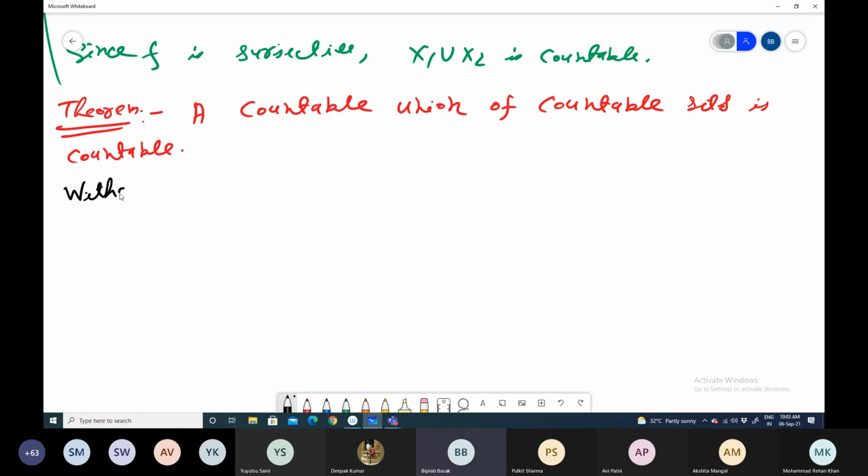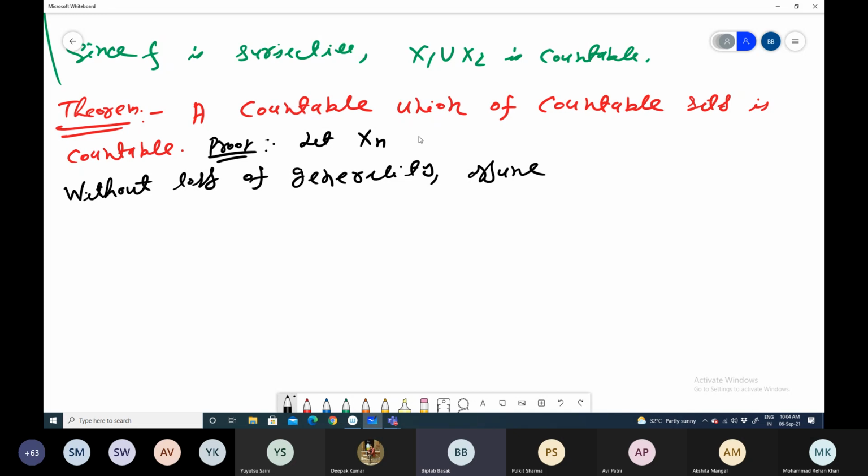So first of all, without loss of generality, assume, let xn be countable sets for all n.